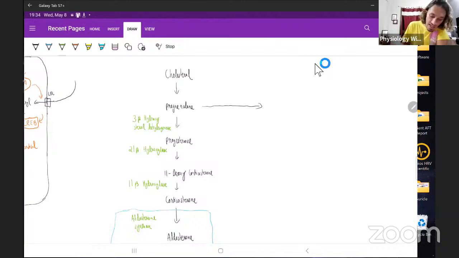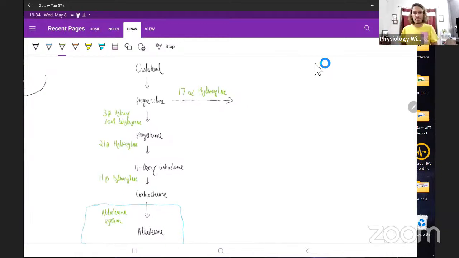So over here we have an alpha, that is 17 alpha. And again, simpler to remember, hydroxylase. Again, you can see it's not that difficult. They're all hydroxylases. Going down is beta, going sideways is alpha. Okay.